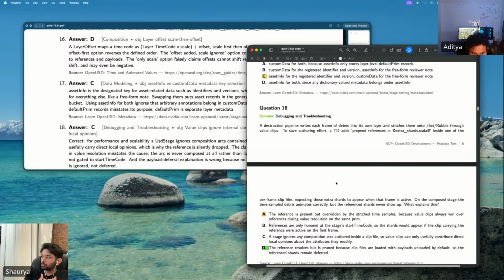What explains this? A, the reference is present but overridden by the stitched time samples because value clips always okay. But the reference resolves but is pruned because clip files are loaded with payload and unloaded by default. So the answer is C, stage ignores any composition arc or anything. I think we have to focus on the clip. That's why I was a bit confused with this one.